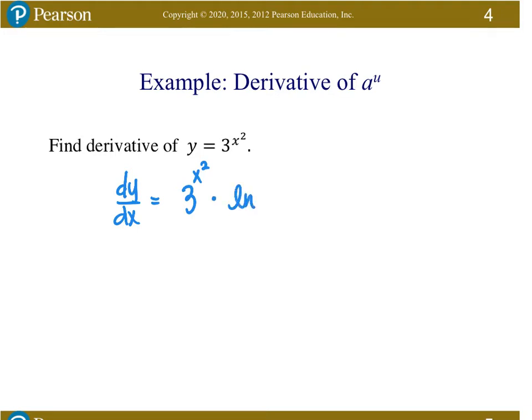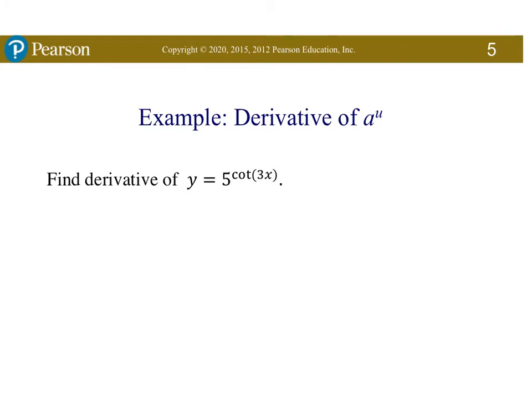And then multiplied by the natural log of the constant base of 3, and then multiplied by the derivative of the variable power, which would be 2x. So it's a pretty straightforward derivative. You will typically see it written in this way: 2x first and ln 3 separated from the 3 to the x squared. So that's typically how you'll see that written.